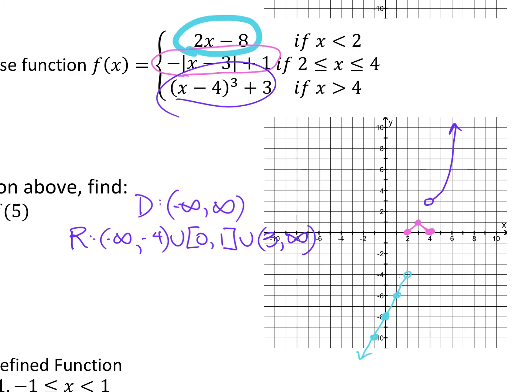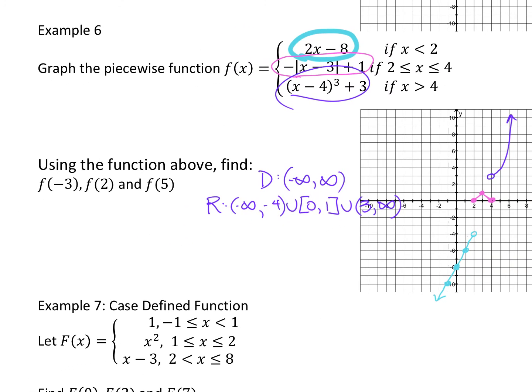Okay? So the last thing on this graph that we want to talk about is f of values. Some of them are straightforward and some of them are not, which leads into our last question, what you can do without graphing. Okay? So if I'm asked to find f of -3, what should I do with my graph?